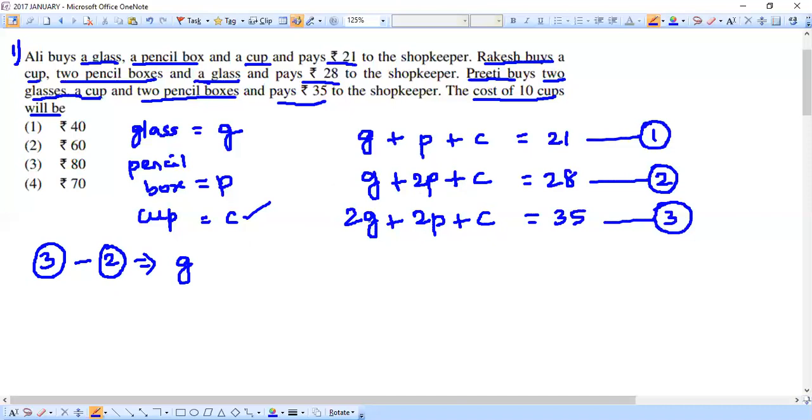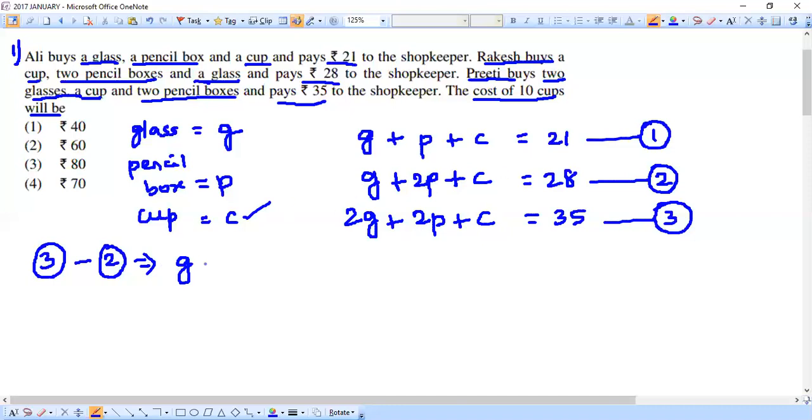Now when we subtract equation 3 minus equation 2, from 2G, if we subtract this G, it's going to be 1G, right? So 2G minus 1G will be 1G, that stands for G. And all the remaining terms will be cancelled because the other terms are similar. 2P minus 2P will be 0, and C minus C will be 0. So simply we'll have only G on our left hand side.